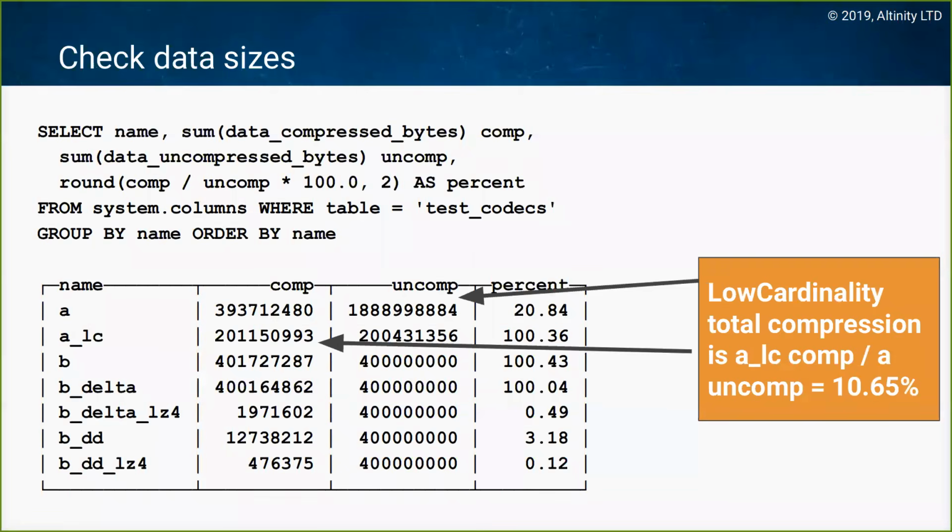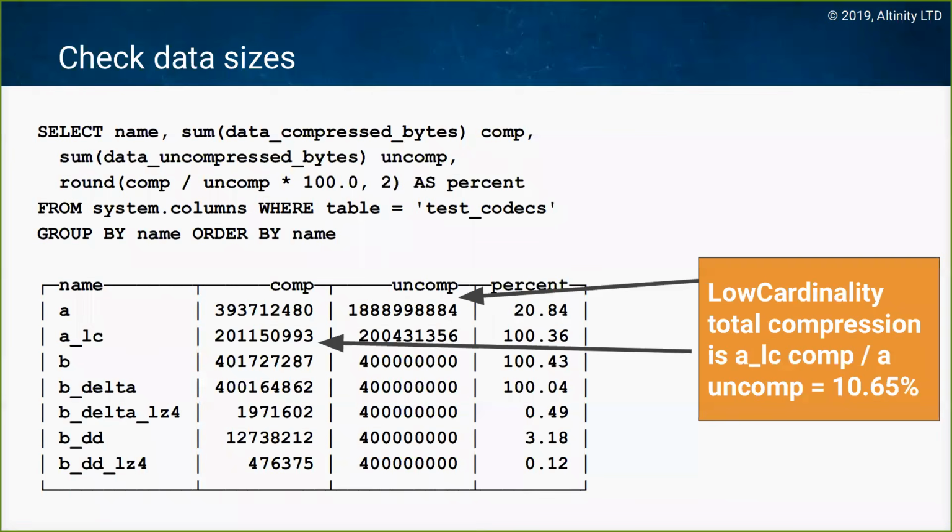So with this, we can see pretty easily that the double delta and the delta compression result in enormous reductions of data size. In fact, double delta with LZ4 compression in this particular case results in a data compression down to 0.1%. So that's a 1,000-fold reduction in data.